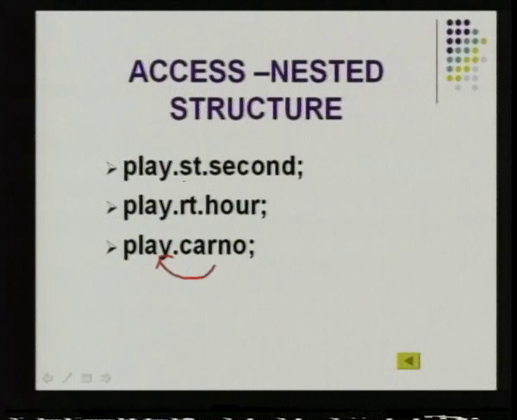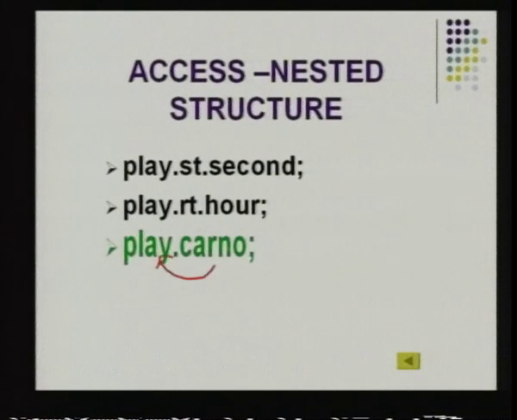So, play dot st dot second, play dot rt dot hour, play dot rt dot minute and play dot car number. To access the members, we have to access them through those particular variables. You cannot directly say play dot second. So this is the concept of nested structures and how to access the contents of a plain structure plus the members of the structure which is nested inside another.